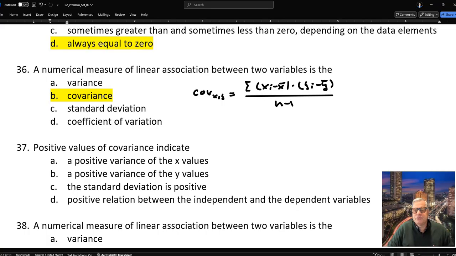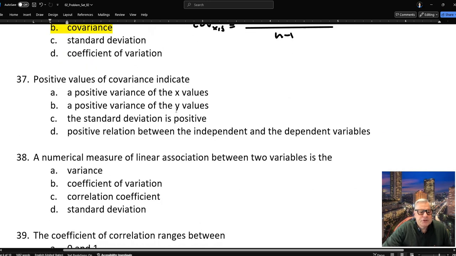So that was the formula for the covariance, and if we divide the covariance by the product of the standard deviations of x and y, then we get the correlation coefficient.